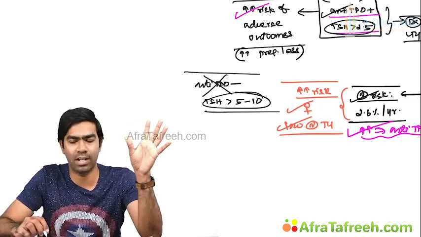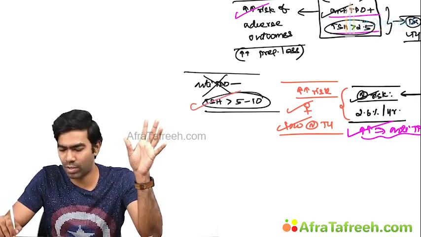Different trials tell different data, but only if the TSH is more than 5 to 10, your increased risk of pregnancy loss is there if the patient is anti-TPO negative, which means it's the same as other people. There is nothing significant happening here. So if anti-TPO is positive, then only it's 2.5. If negative, it's not 2.5. You can keep a very high cutoff of 5 to 10 also. And again, that is a very controversial gray area. No need to touch that.